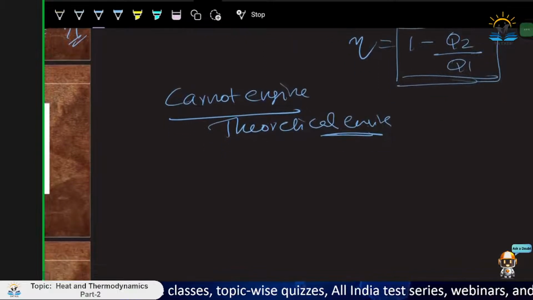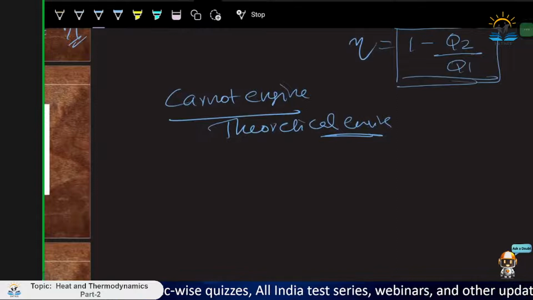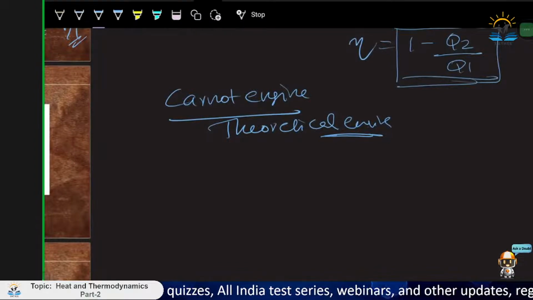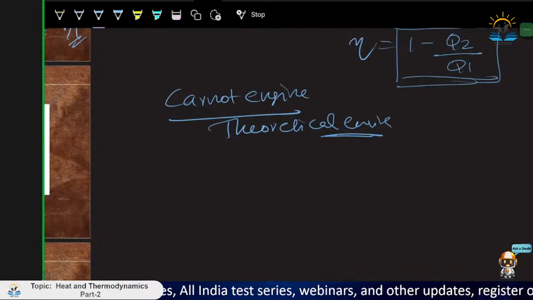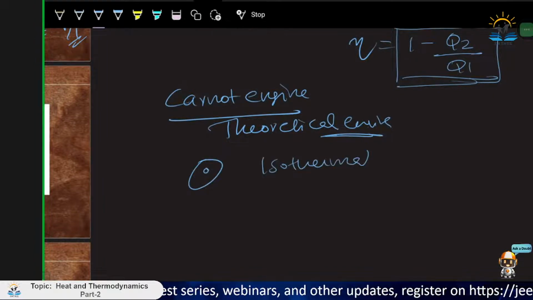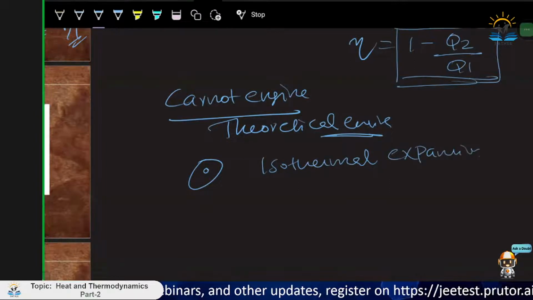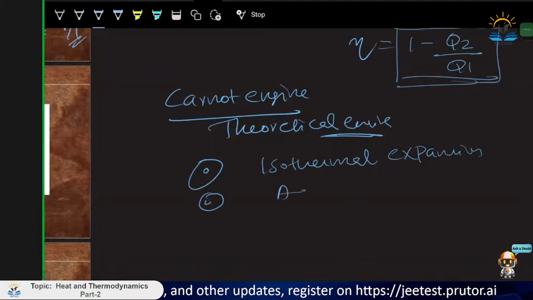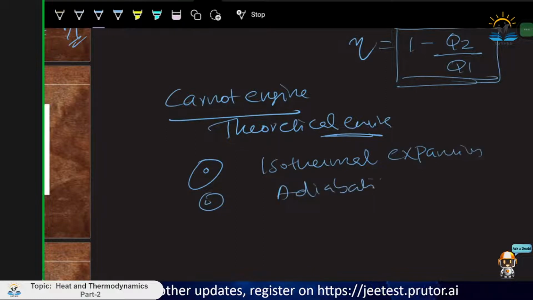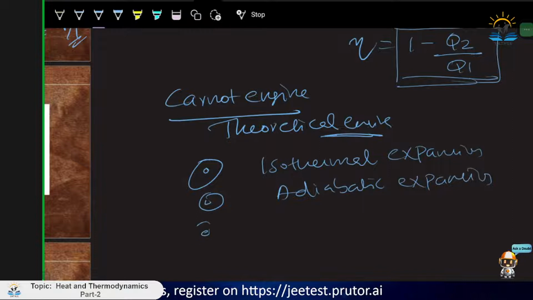I want everyone to know the four thermodynamic processes involved in the Carnot engine. First is isothermal expansion, next is adiabatic expansion, next is isothermal compression, and next is adiabatic compression. It can be asked as a question.